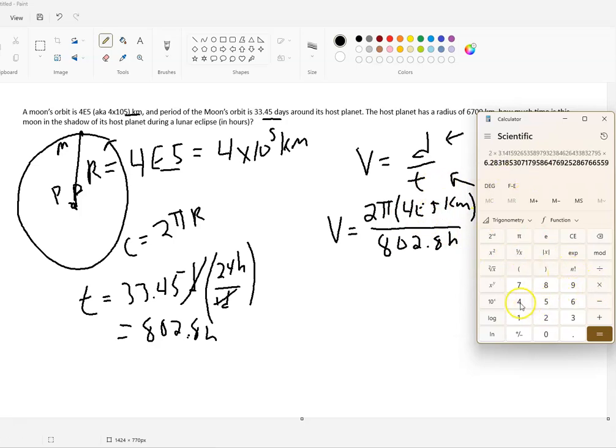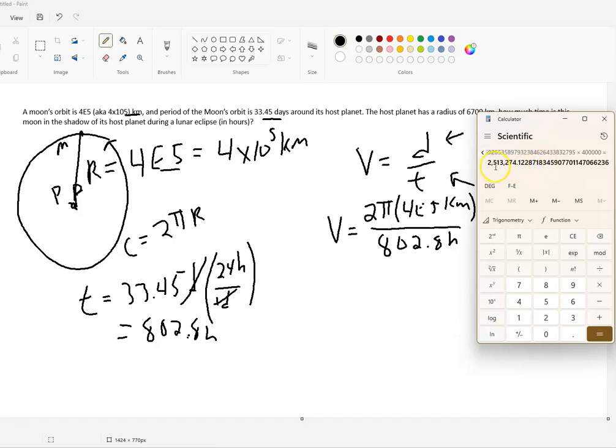Then 4, and for this particular calculator, it's this button right here, EXP. On most calculators nowadays it's an E button, but some of them have an EXP. 4 times 10, see the E, times 10 to the 5th. What I'm about to do when I hit equals will give the distance that it travels. That's the circumference.